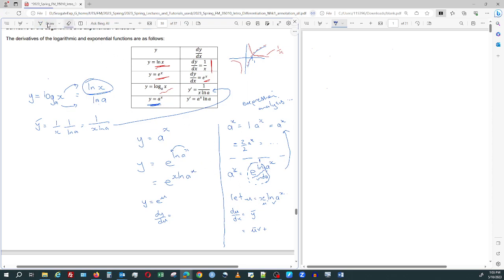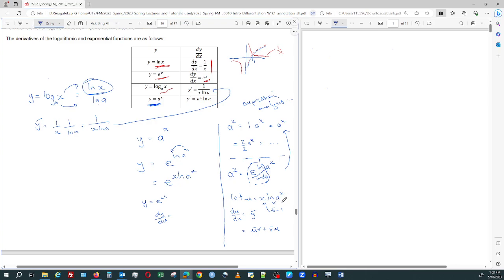Not coming out the way I wanted it to. Okay, so u dash is going to be straightforward. U dash will be 1. That's easy.